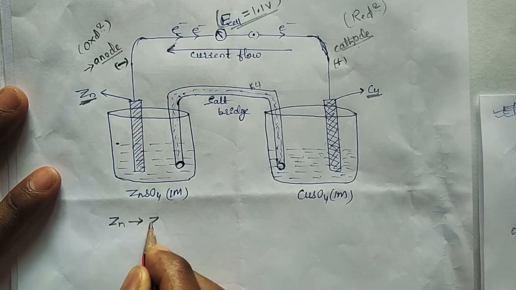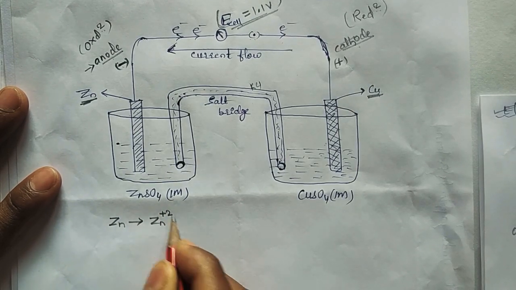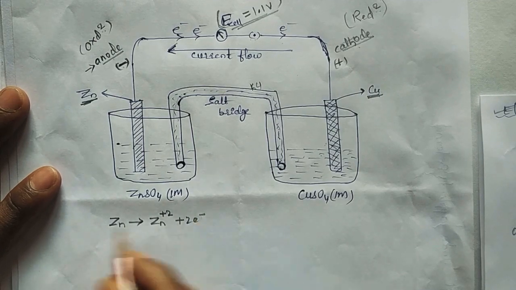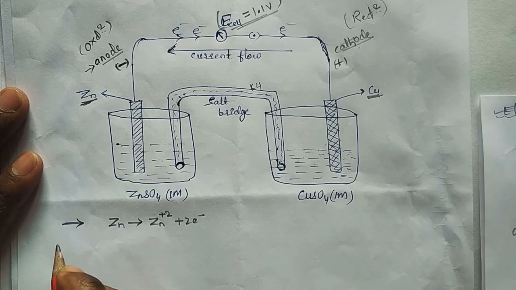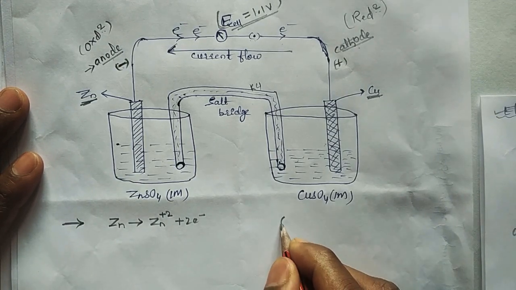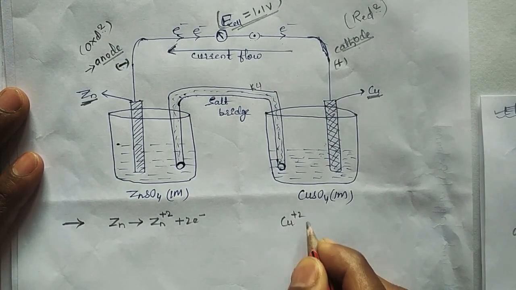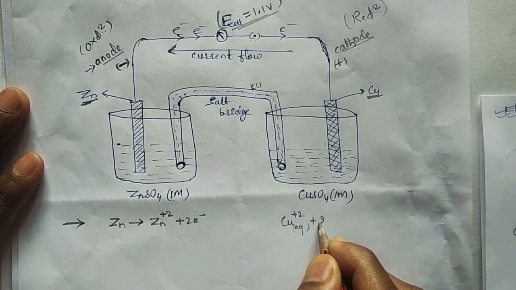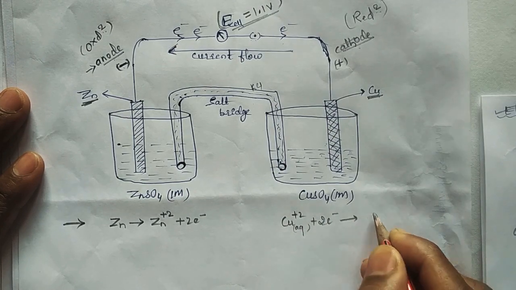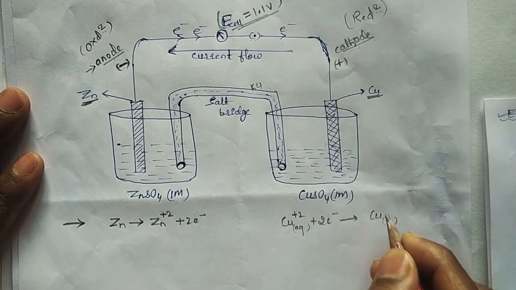That means zinc undergoes oxidation to give Zn2+ plus 2 electrons. This reaction we can call the oxidation half cell reaction. And copper has a tendency to undergo reduction. That is, aqueous Cu2+ ion gains 2 electrons and Cu gets deposited.